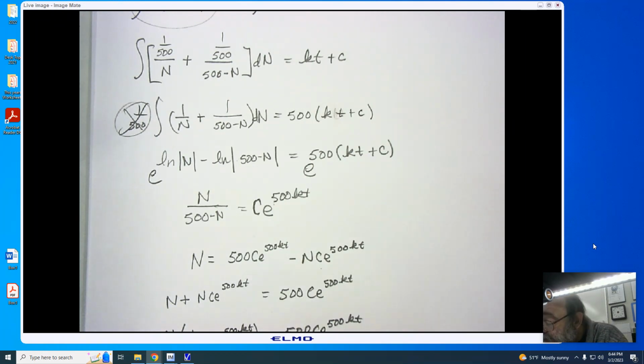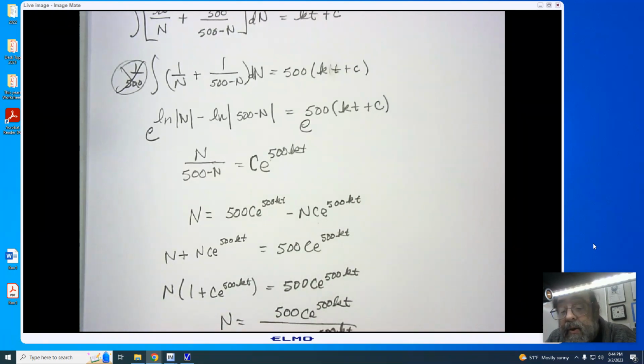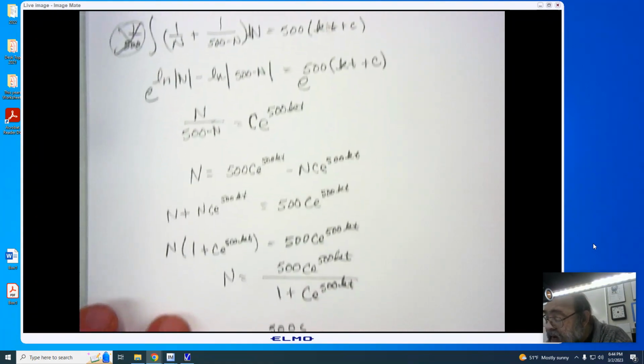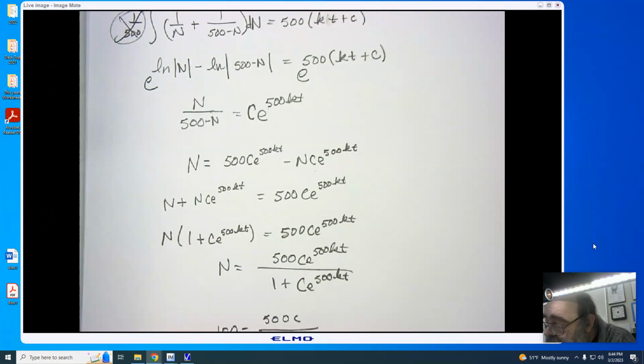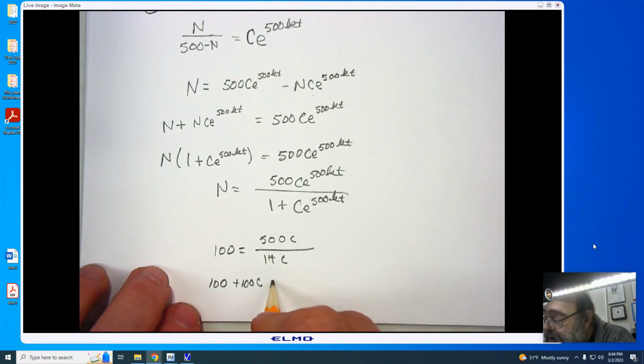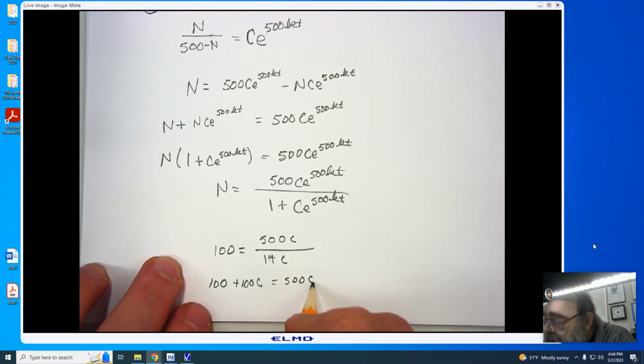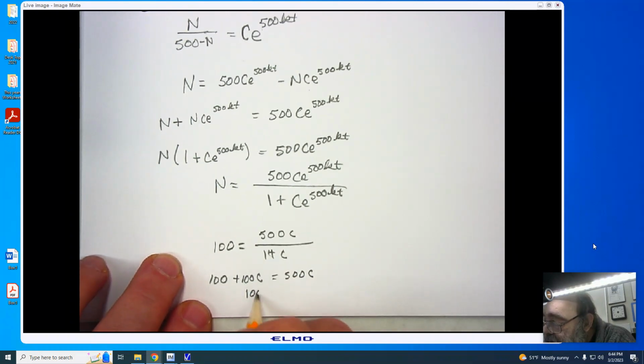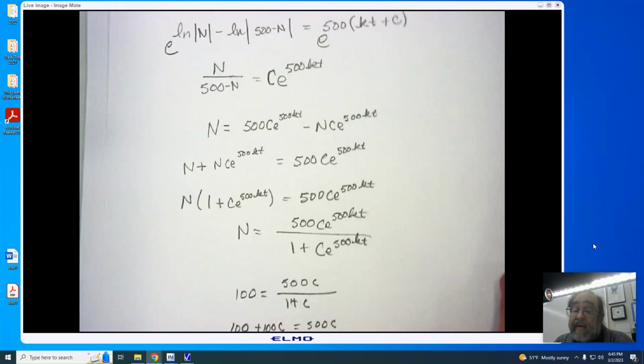So here we go. When we plug in our value of 0 and 100, we are going to end up with 100 equals 500C divided by 1 plus C. This is going to allow me to get 100 plus 100C is equal to 500C, which means that I have 100 equals 400C, and 1/4 has to equal C. We're now going to have to plug that in.